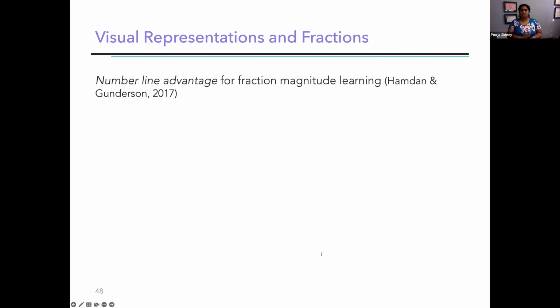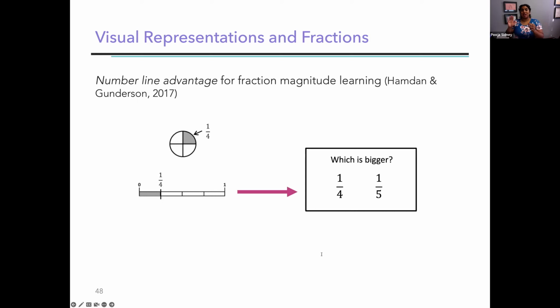When looking at kids' fraction learning, we know that there's a number line advantage for learning about the magnitudes of fractions, such that when kids learn on a number line-like representation, they're more likely to make more accurate comparisons when the visual representations are gone, as compared to kids who learn on those circle representations.